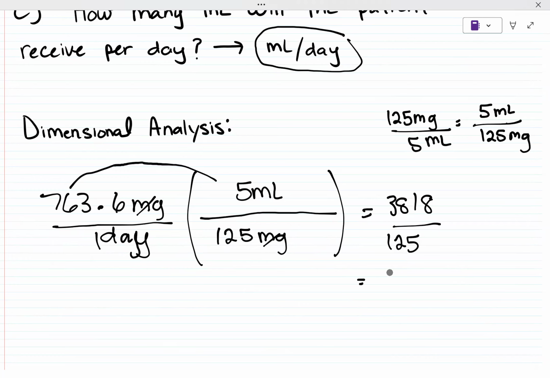And you get 30.544. And your units are going to be milliliters per day. Okay, and then round it to the nearest tenth. So 5 is the tenth. So it's going to be 30.5 milliliters per day.